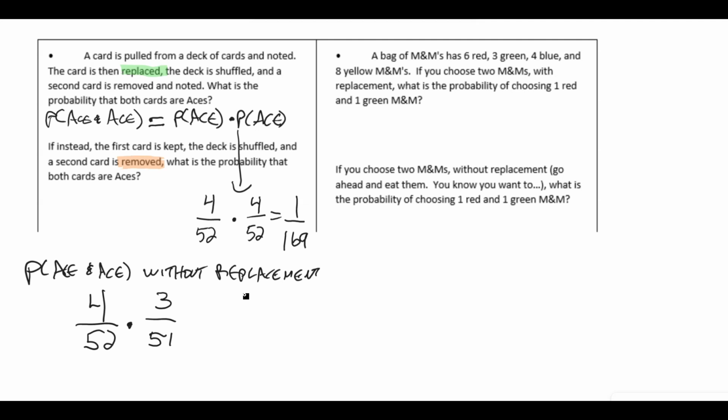So this is the difference between with replacement being an independent event, just simply multiplying, and without replacement, these are not independent events. And then the sample space changes for the second event. So you have to think through the space after each event. Okay, this one simplifies to 1 over 221.